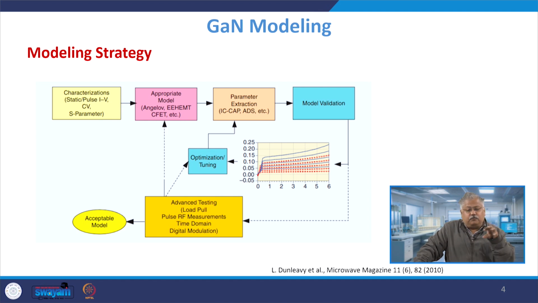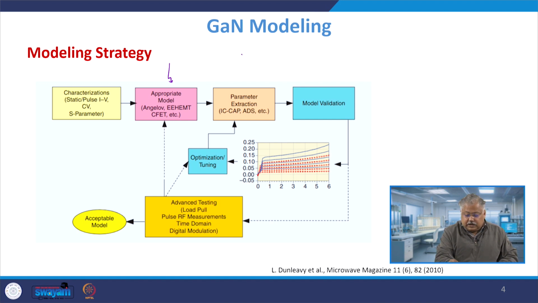Then we try to fit the models which I have already discussed in the previous slide to these characteristics, right? So we need to find out the appropriate model which fits the characteristics available to us.